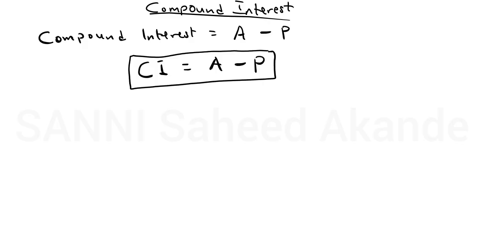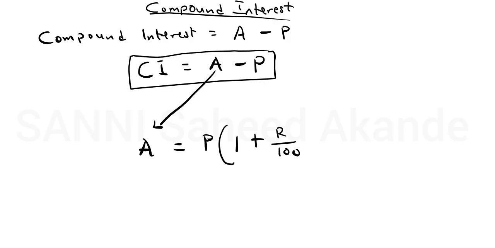But this A is also further given as: the amount is equal to P, the principal amount, open bracket 1 plus rate divided by 100. As you already know, rate is in percentage, that's why we are dividing it by 100. Then close the bracket, everything raised to power n. Understood? So that is the amount. In case you are given a question and they ask you to find the compound interest, and you were not given the amount, you need to find the amount by yourself using this second formula.